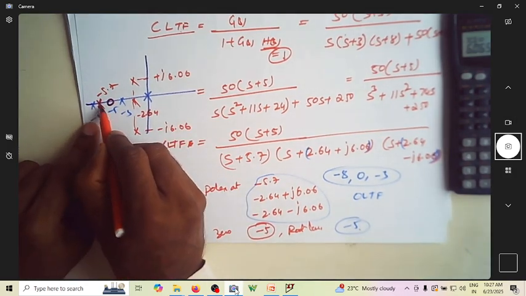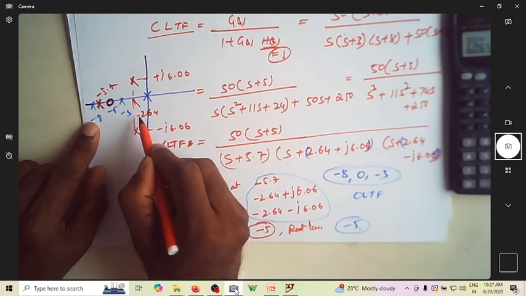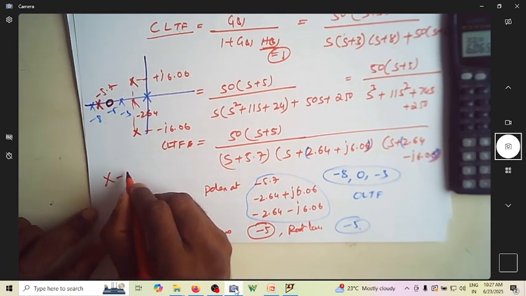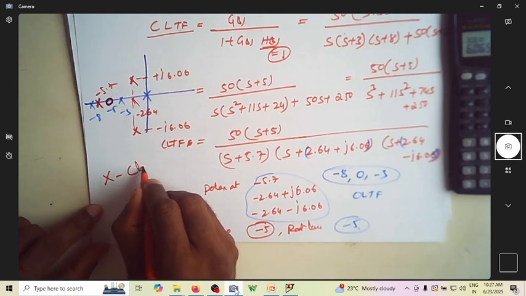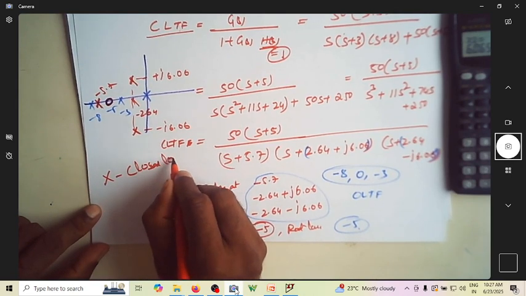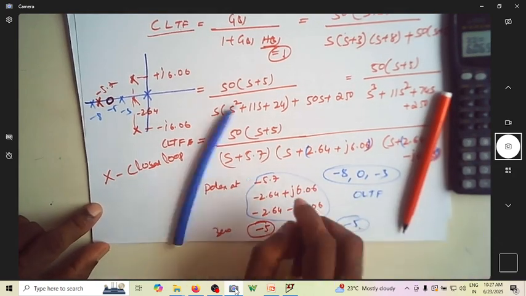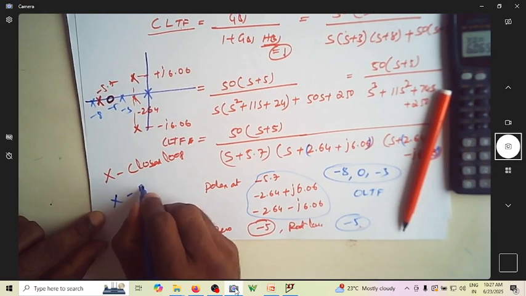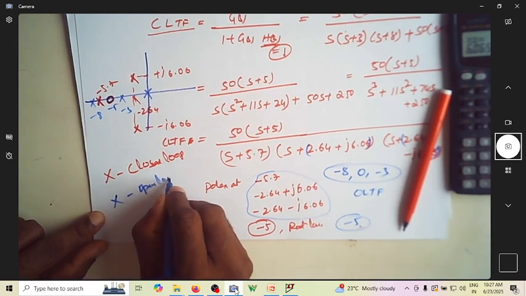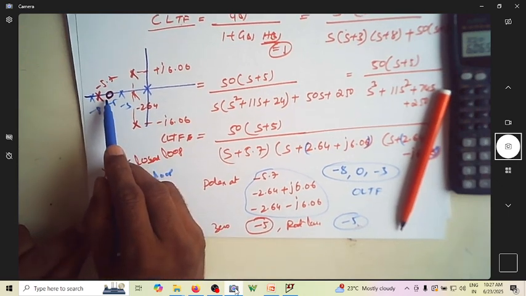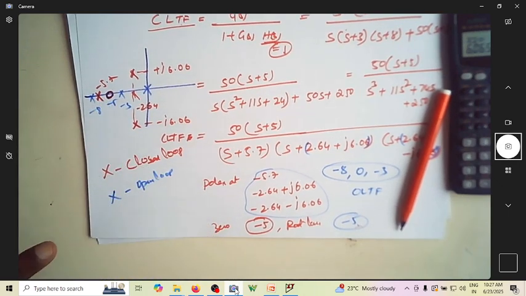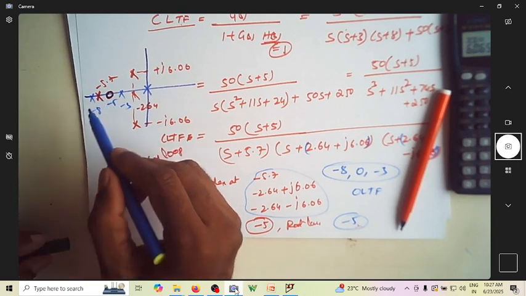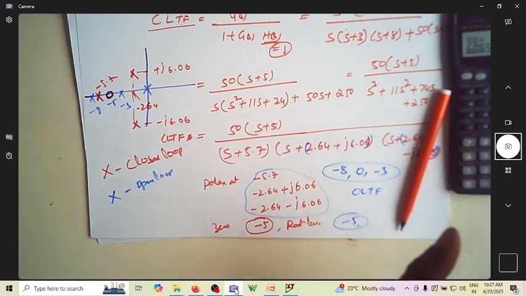The red ones are closed loop and blue are open loop. You can see the zero, open loop and closed loop both are at the same point because the zero will not move.